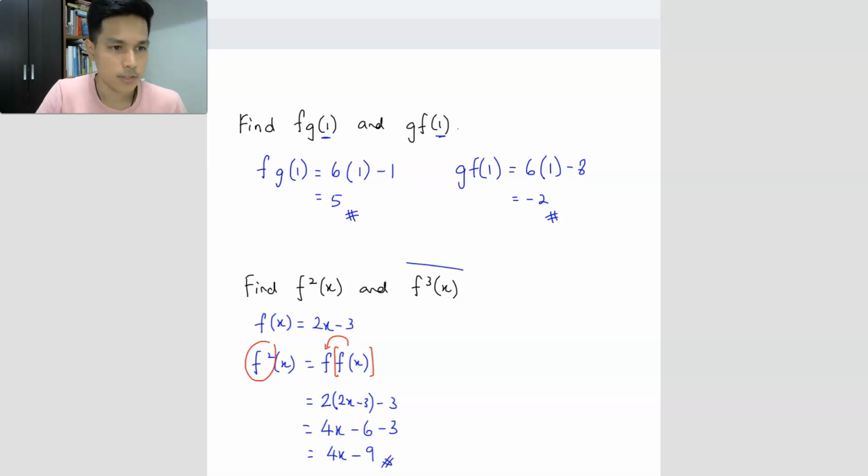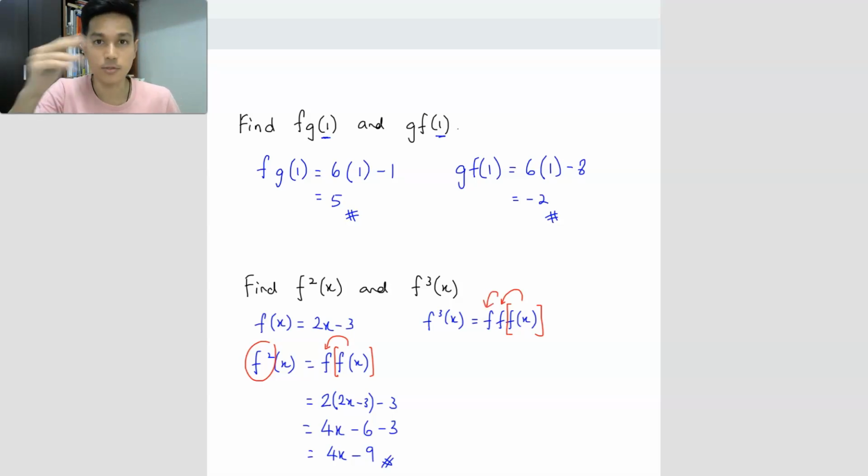Okay, now what about this? Now you got f3. This is not f cube. Remember I told you, the 3 here means there are 3 of the f. So f3 x is the same as f f f x. So you're going to substitute fx into f again and then back into f again, so you substitute 2 times.